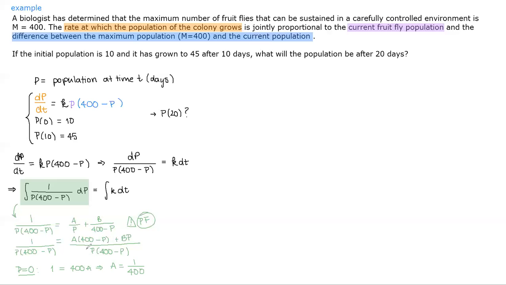And in the same way, if I have that P is equal to 400, then the first term is going to cancel. So the left-hand side will still be equal to 1. And the right-hand side will be 400 minus 400, so that's 0 times A, which is 0, plus 400 times B, which tells me that B is equal to 1 over 400.